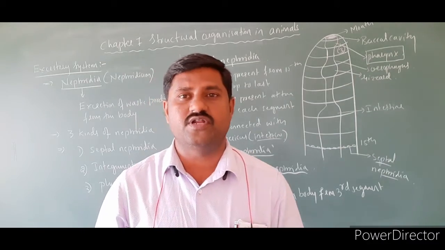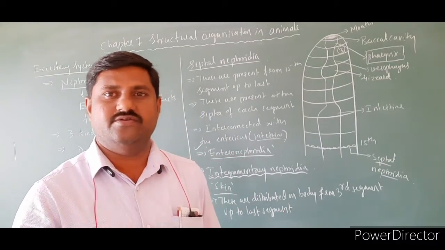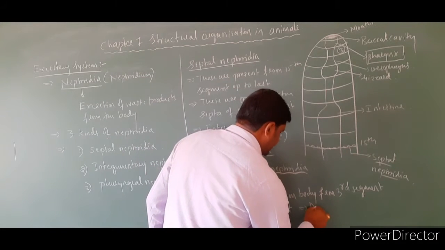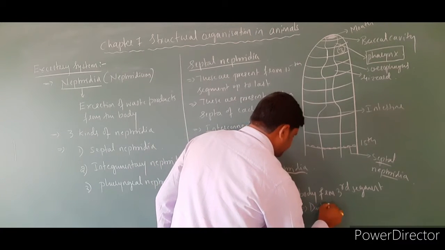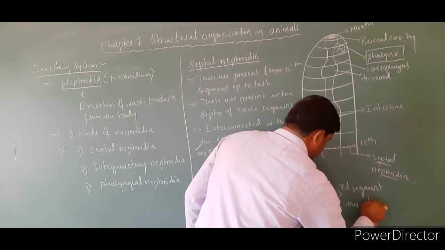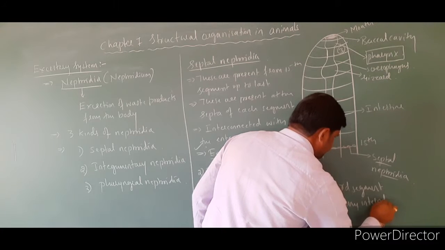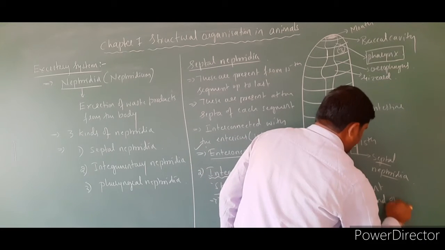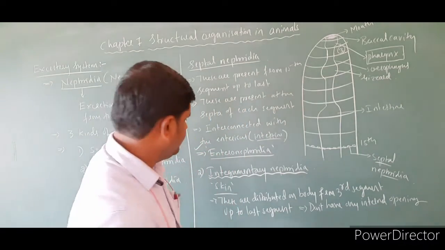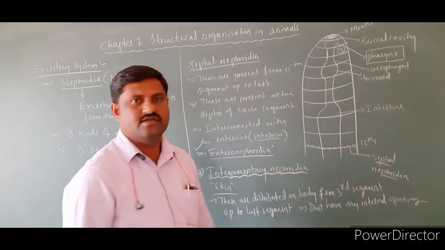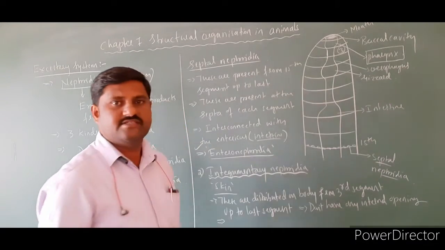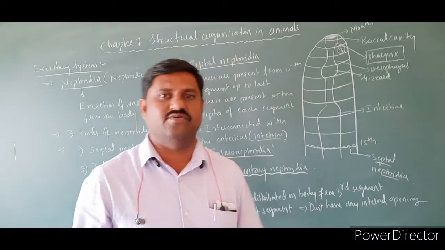This is the most important point to be noted. They do not have any internal openings, hence these are said to be integumentary nephridia. They are superficial in nature, present over the skin only.